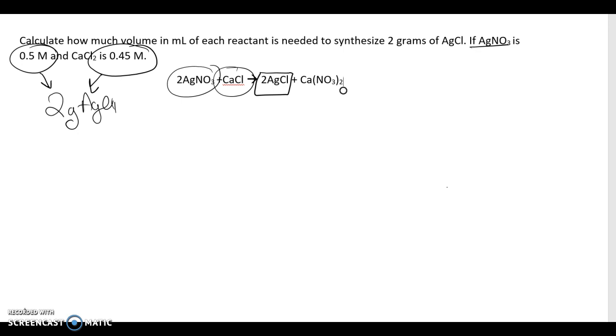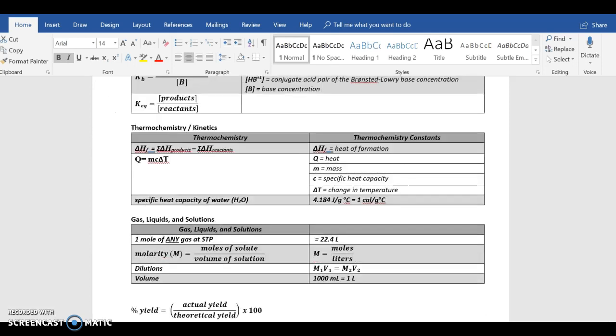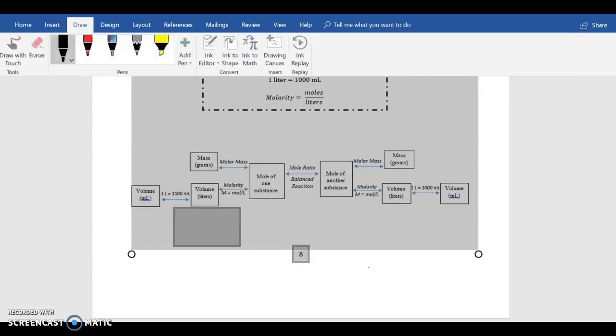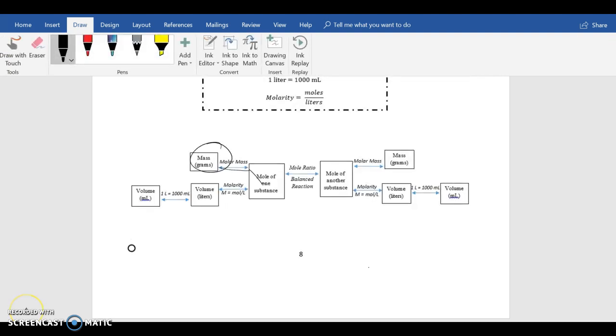So what we do is we actually use stoichiometry to answer this question. If we go to this flowchart that we have here, we are actually doing a few things. We're starting with grams, and we're trying to get to volume in milliliters.